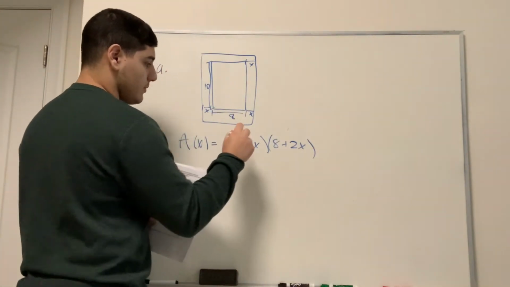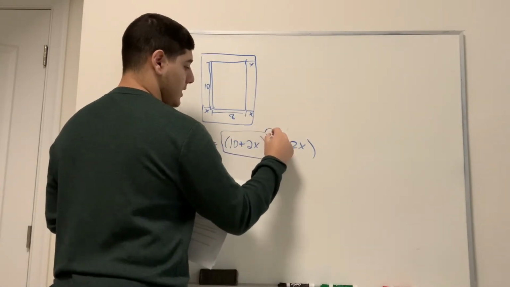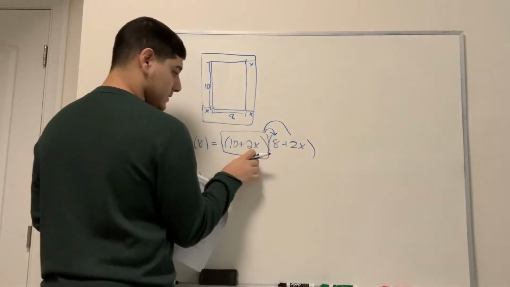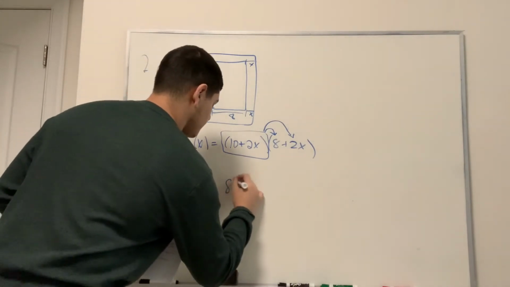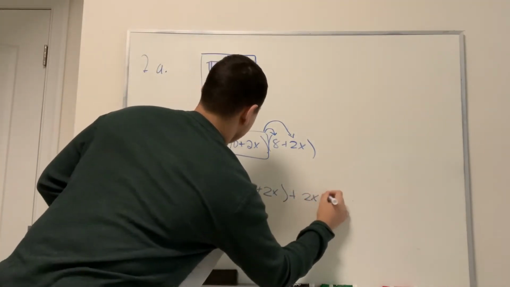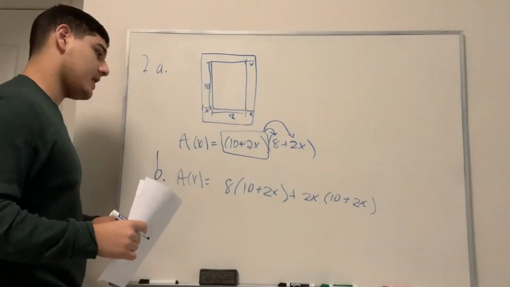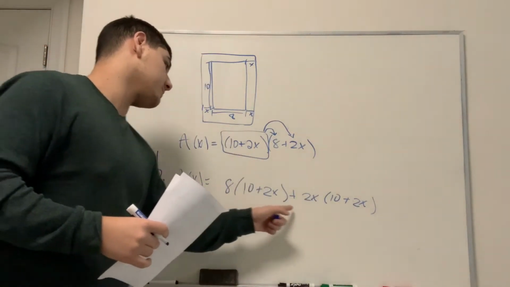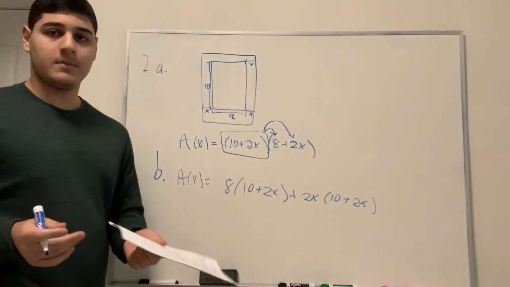Imagine you take this right here and multiply it by this, and then add the product of this with 2x. That's where FOIL comes from. And since these are the same, you could factor it out, and you're left with 8 plus 2x times 10 plus 2x.